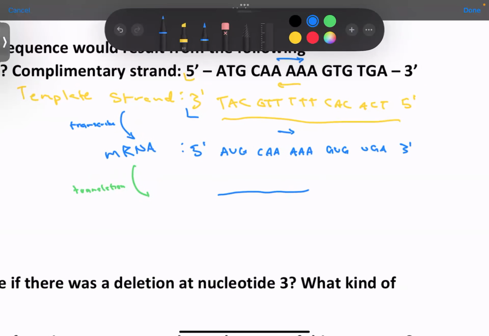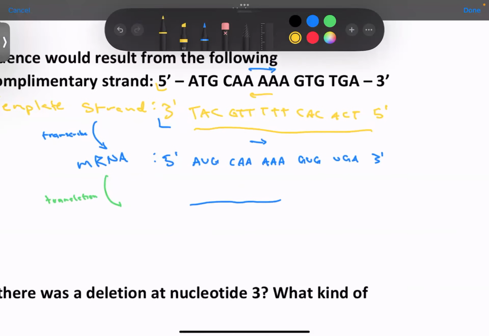And what's going to happen is that it's going to be shuttled out of the nucleus. And it's going to be recognized by our ribosomes in our cells. That's what ribosomes are important for. You learn about it in your cell biology. We have a bunch of ribosomes floating around in our cytoplasm. There are also some embedded in the membrane of our rough endoplasmic reticulum.